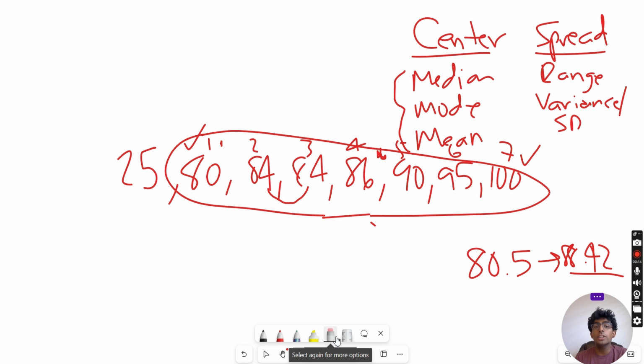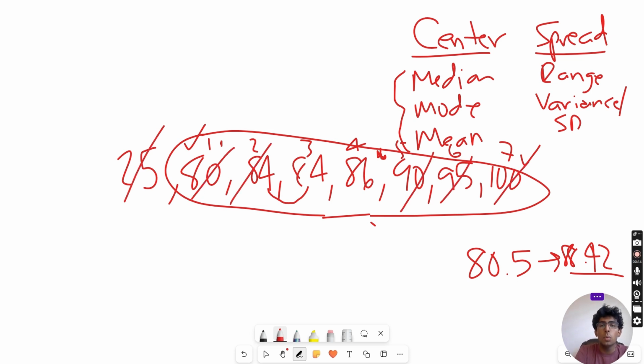On the contrary, your mode's not going to change at all, obviously, but your median isn't going to change that much either, right? Because if we do the median here, going left to right like this, we're down to these two numbers in the middle, and 85 would be our median. Originally, 86 was our median.